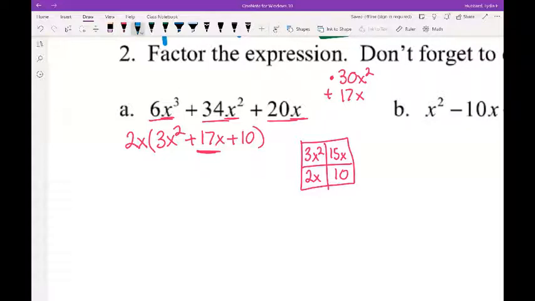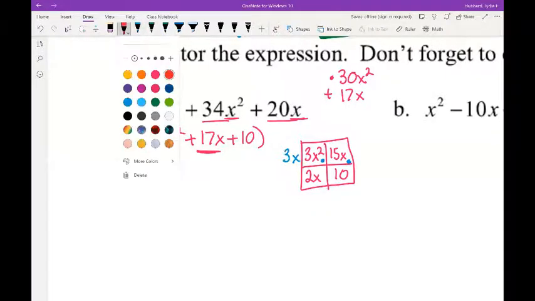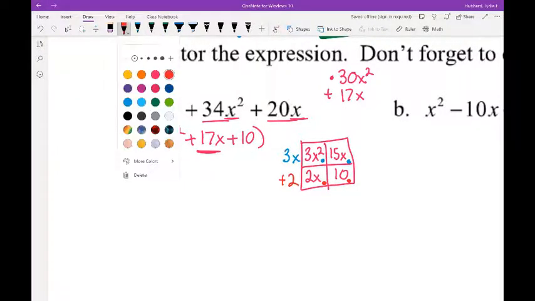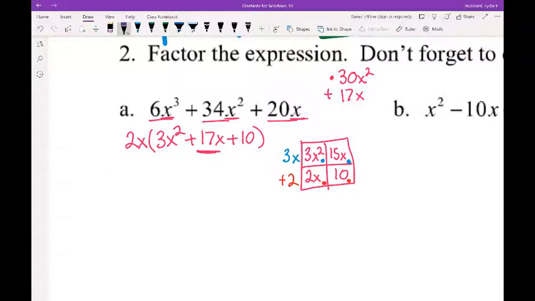Then I look at the greatest common factors in each pair. So between 3x squared and 15x, I can take out a 3x. Between 2x and 10, I can take out a positive 2. Between 3x squared and 2x, I can only take out an x out of both of those.